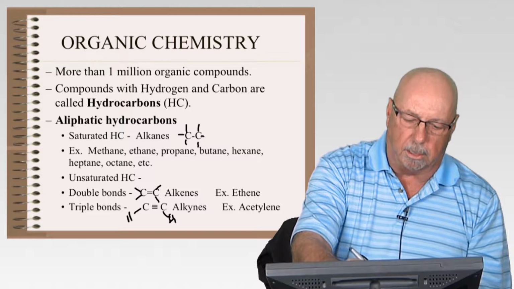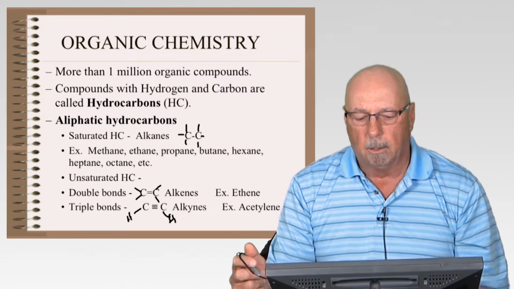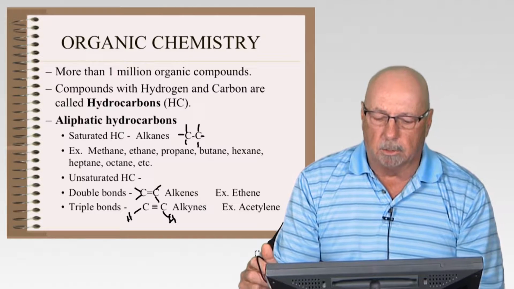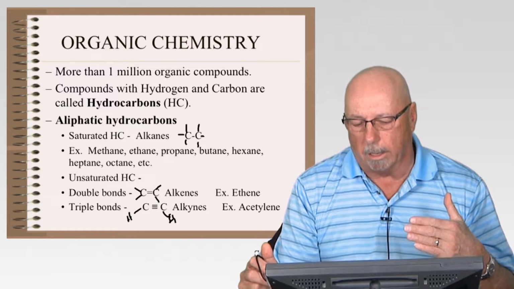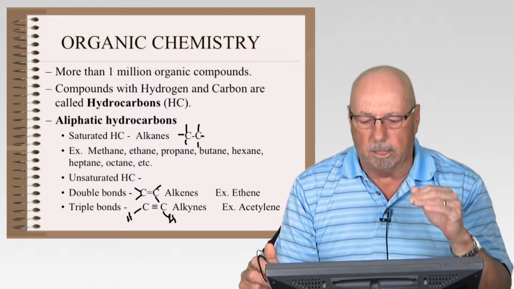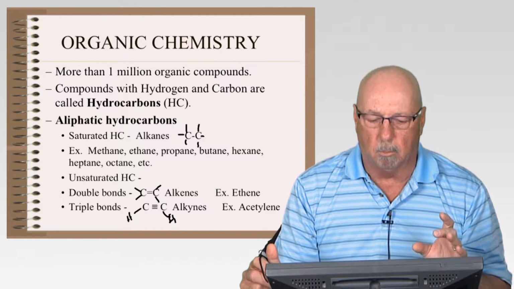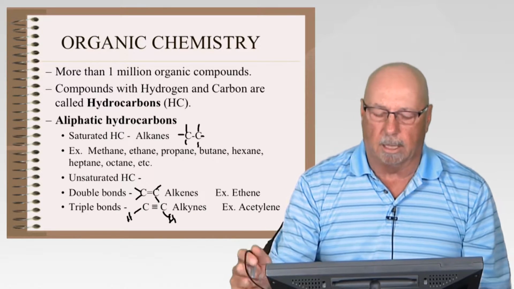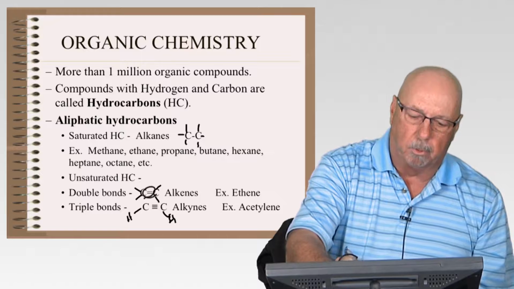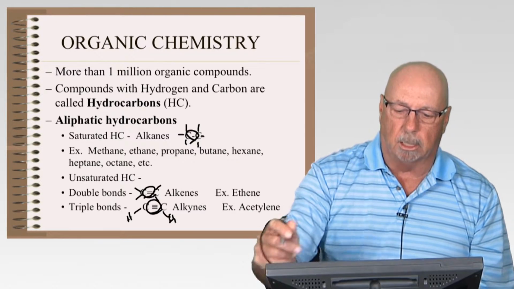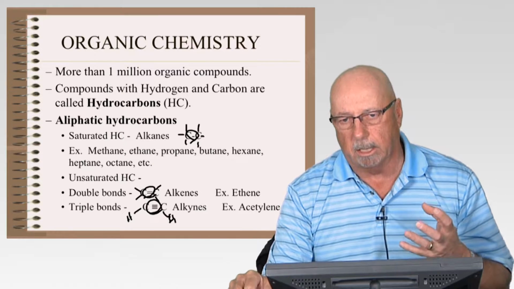Now, one of the characteristics about your double and triple bond elements is they're naturally going to want to get back to a single bond state. And so these compounds are going to have a tendency to be more reactive, wanting to break apart that double bond chain here and that triple bond chain to get back to just a single bond chain that they would find in the alkane state.